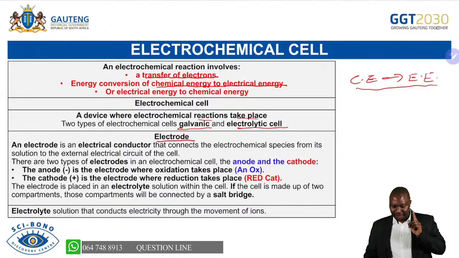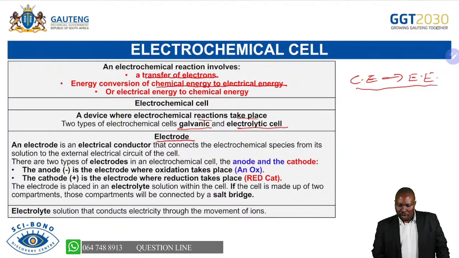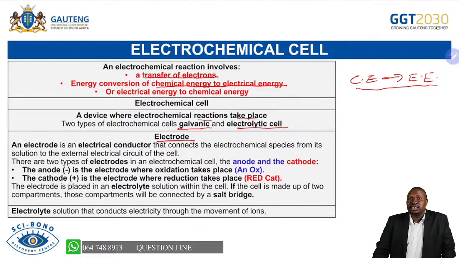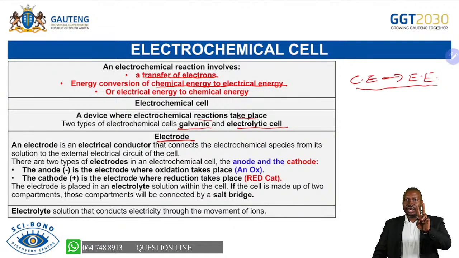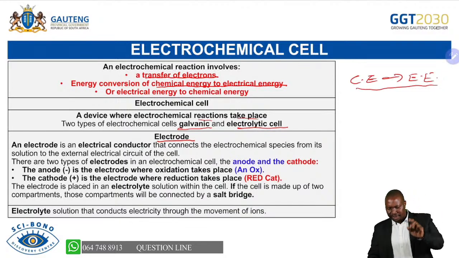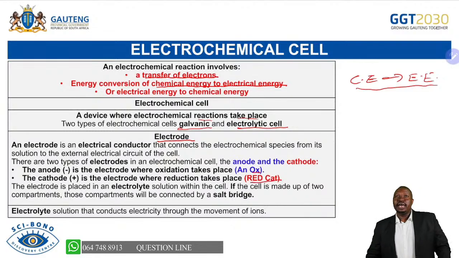So it's important that I emphasize that electrodes are solid and must be electrical conductors that connect the electrochemical species with a solution to external electric circuits. So electrode is the first thing you need. And remember, I said there are two electrodes, anode and cathode. The anode, we said that's where oxidation takes place, and cathode, we said red cat, that's where reduction takes place.